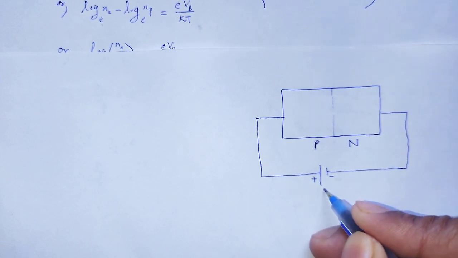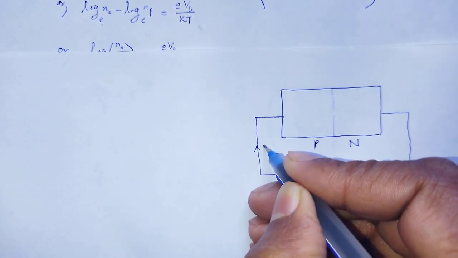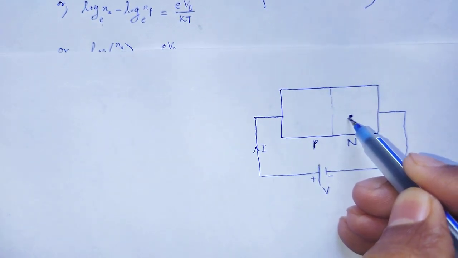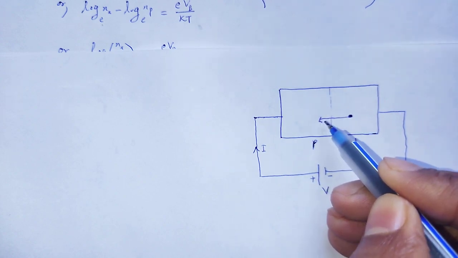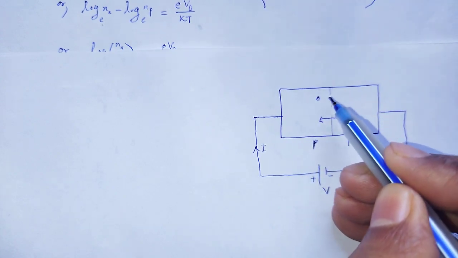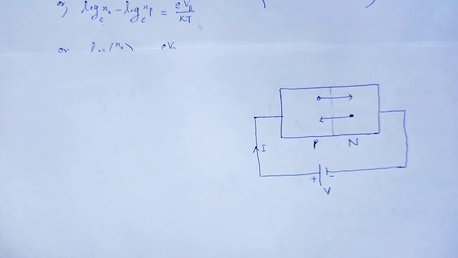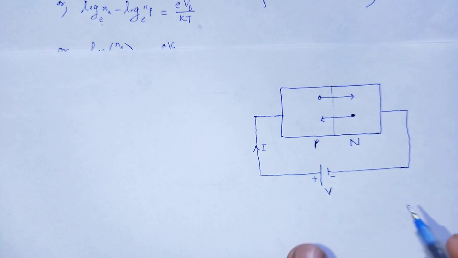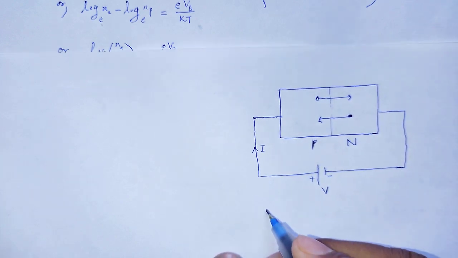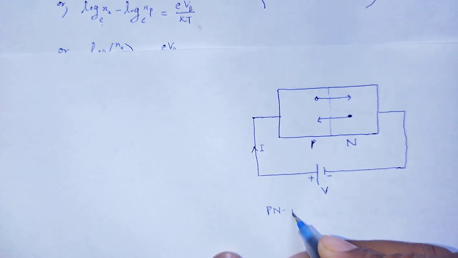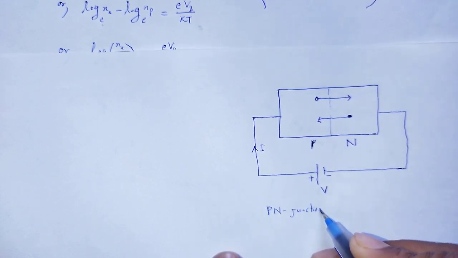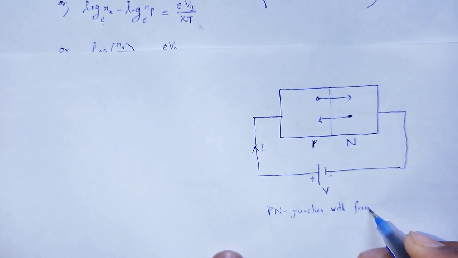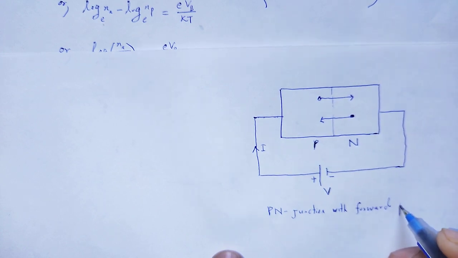With positive and negative potential, current flows. Free electrons move towards the P type and holes in the P type move towards the N region. This is the PN junction with forward potential applied.